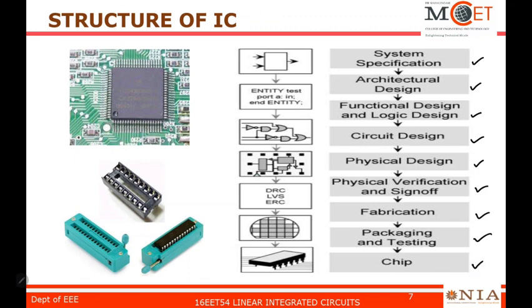So these are all the steps involved in designing and manufacturing an IC. The final component is our chip. Each and every step is a very big process, and each step brings out some part of the IC.